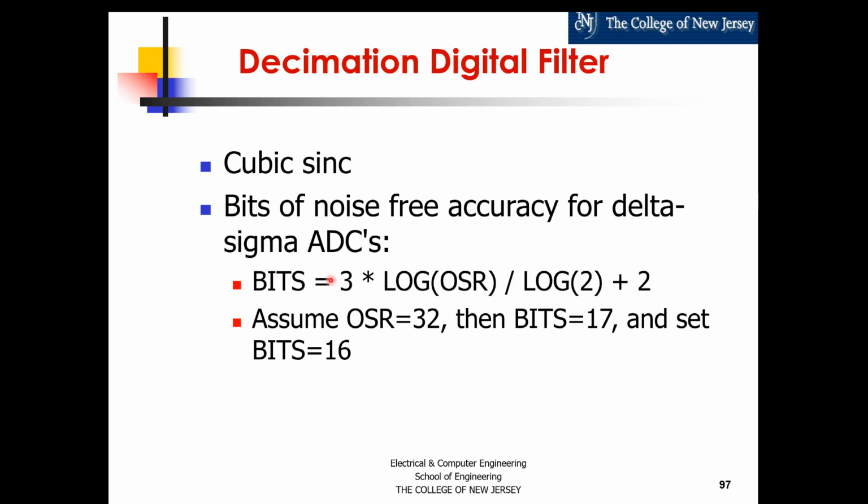If you solve for OSR, you find that if OSR is 32, meaning that you have to oversample your analog signal at 32 times faster than your bandwidth of interest, then you get 17 bits of noise-free accuracy. But we're just going to set it for 16. If we can get 17, we can get 16. So that's important to know.